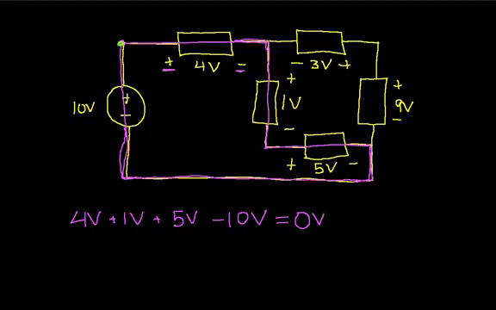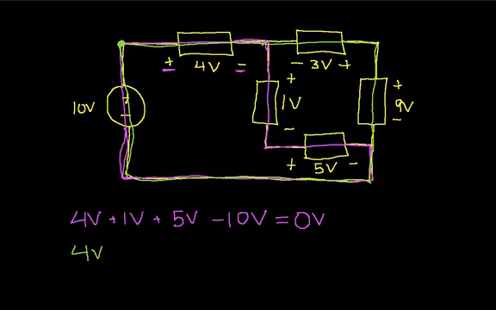Well, let's try a different path through the circuit. Again starting up here, I'll go through this load, and now I'll go around the other branch, and then keep coming along, back up through the source. On this path I again encounter the 4 volt load from plus to minus.